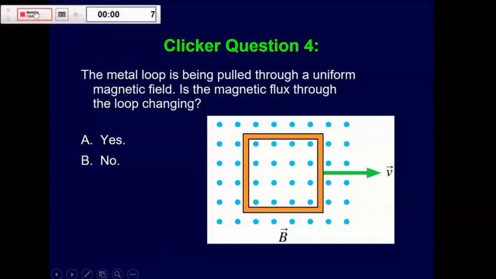The magnetic flux is the number of magnetic field lines that are going through some surface. So in this case, is the magnetic flux through this square changing as I move it along with that velocity there? What do you guys think? Is the magnetic flux there through that changing?